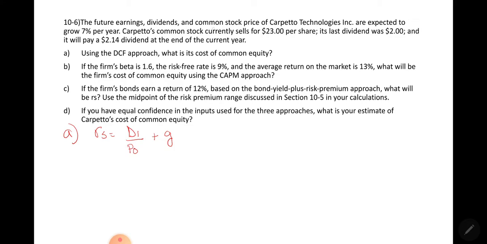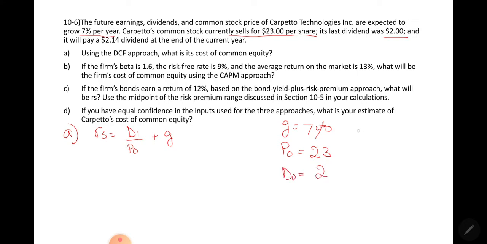The future earning, dividend, and common stock price are expected to grow 7% per year, so the growth rate is 7%. Common stock sells for $23 per share, so the price of the stock is 23. Last dividend was $2, so this is D naught.